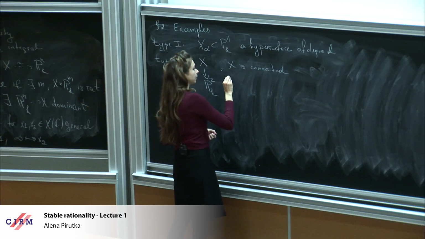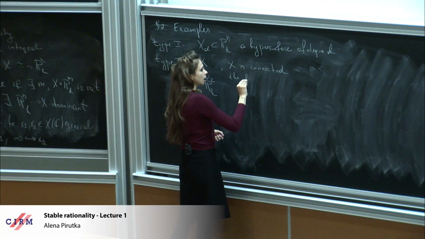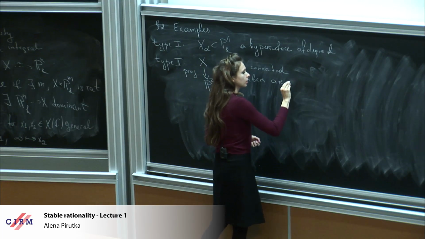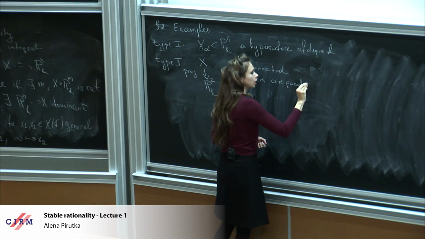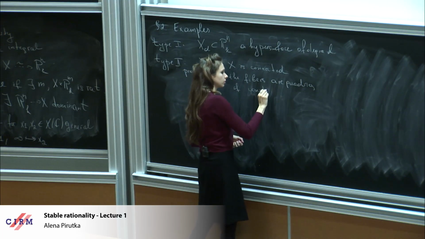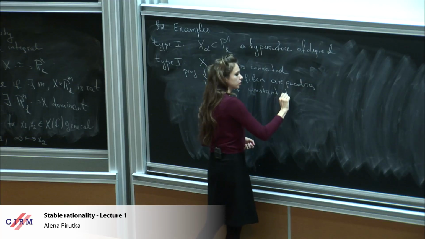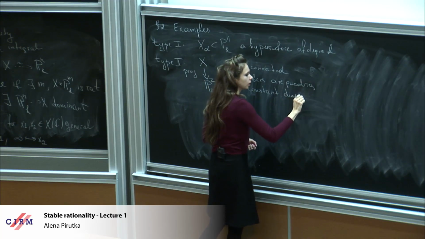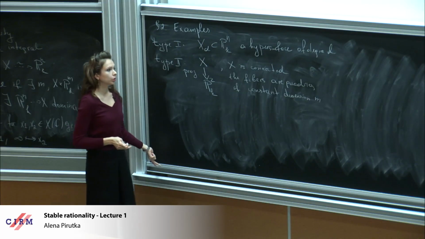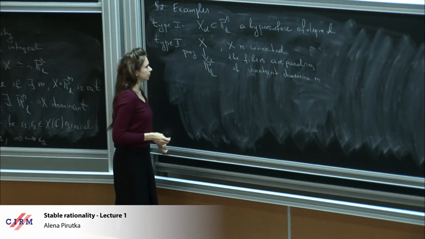And the fibers are quadrics of constant dimension, say m. And when m equals 1, we're going to speak about fibrations in conics.